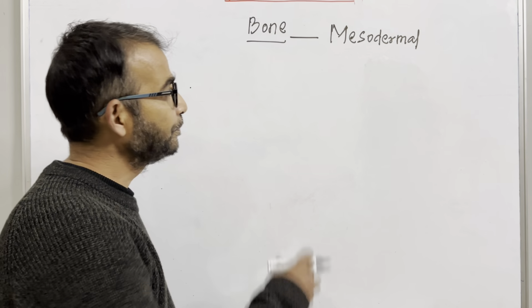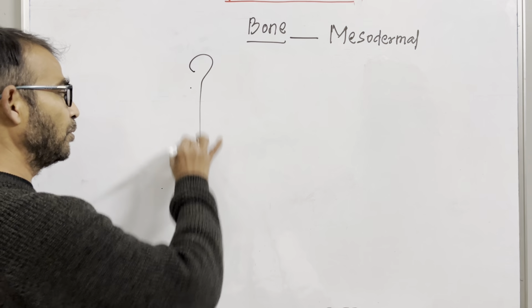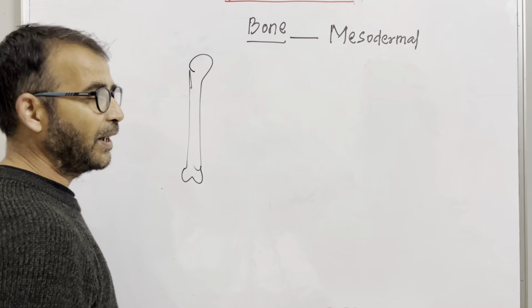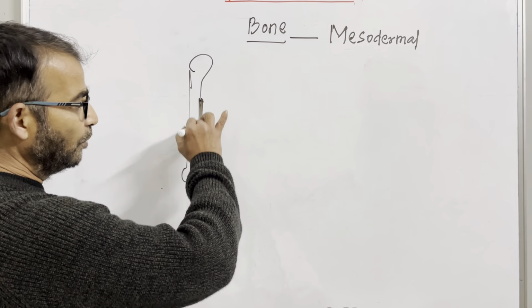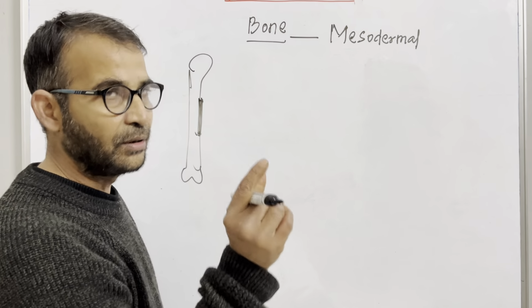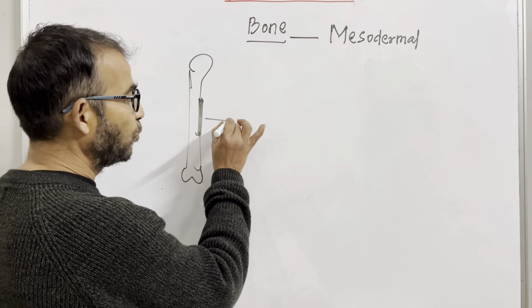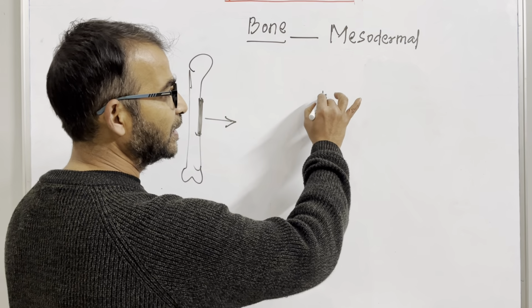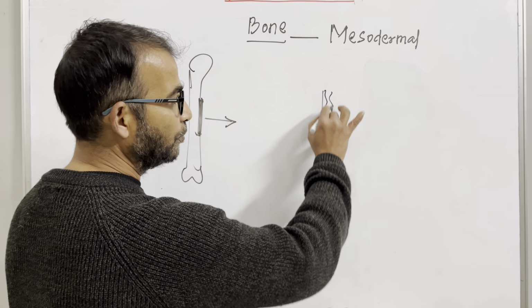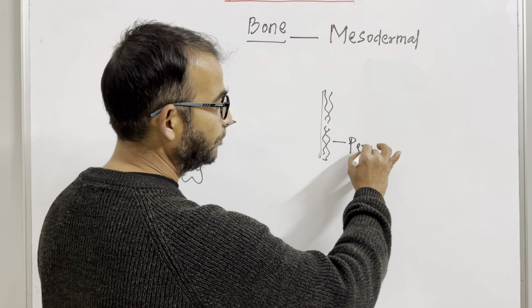If you look at long bones and go for the structural analysis of the bone, you will find that the wall of the bone, from outside to inside, has the fibrous connective tissue present outside, which is called periosteum.